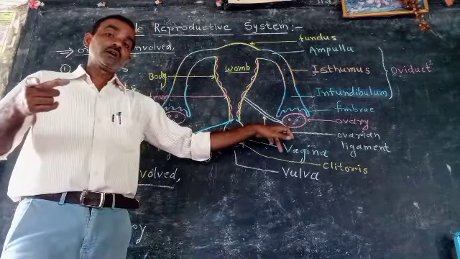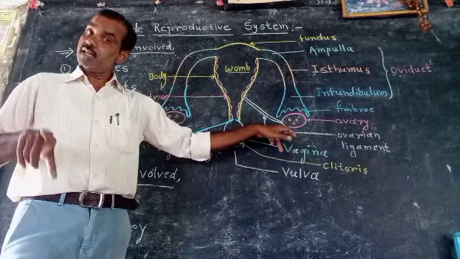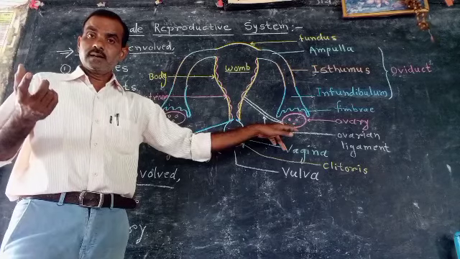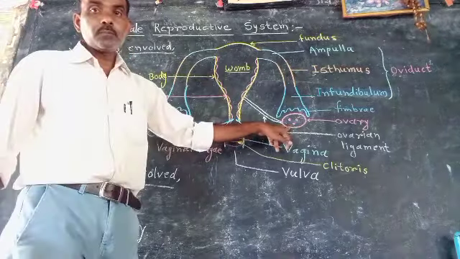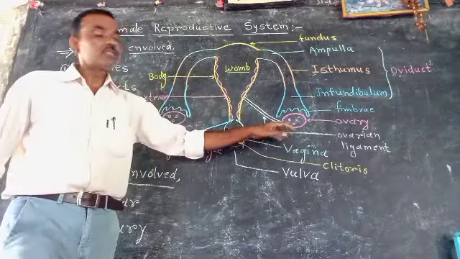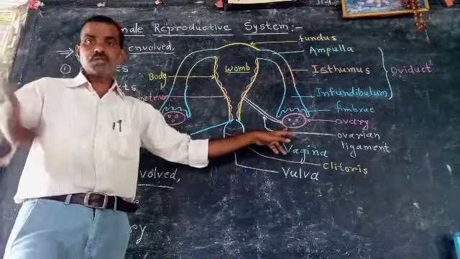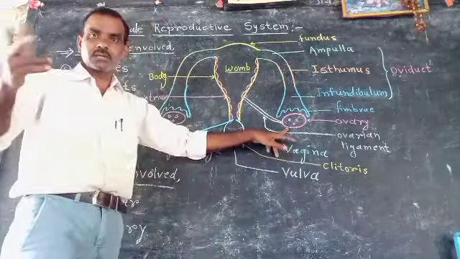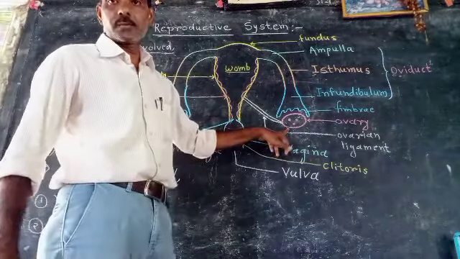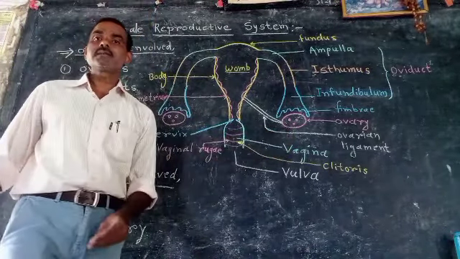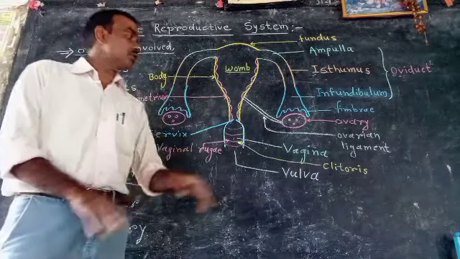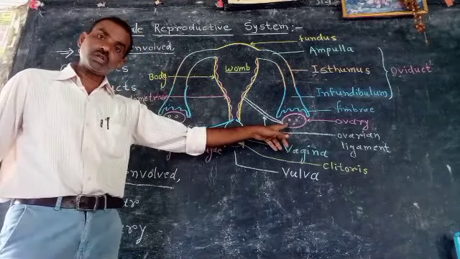Estrogen is responsible for the development of secondary sexual characters in the female, like enlargement of the mammary glands, starting of the menstrual cycle, and development of hair. These are developed with the help of estrogen.